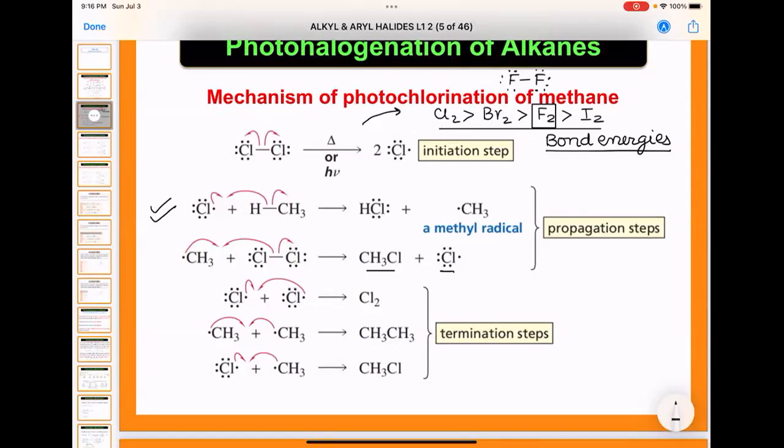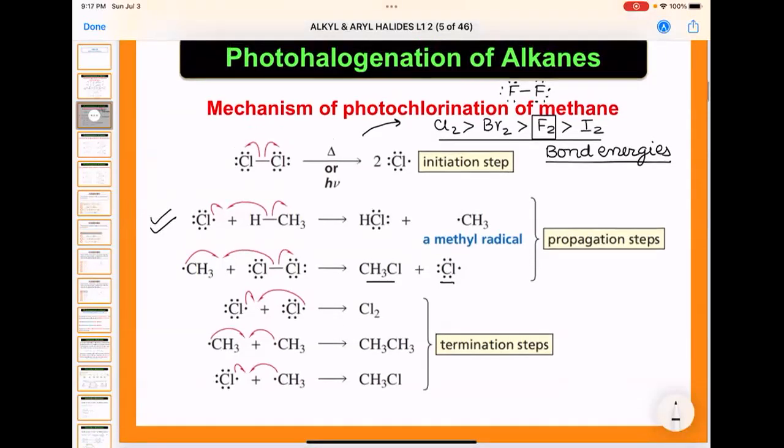If you assume that the initiation step is the rate controlling step, then by looking at the bond energies of halogens, what will be the rate of reactions?